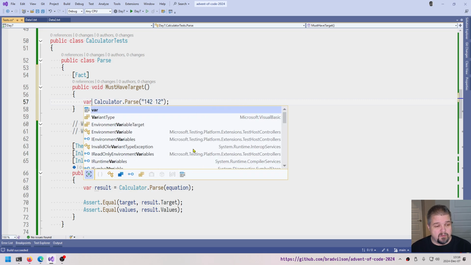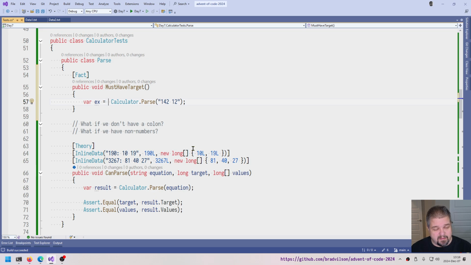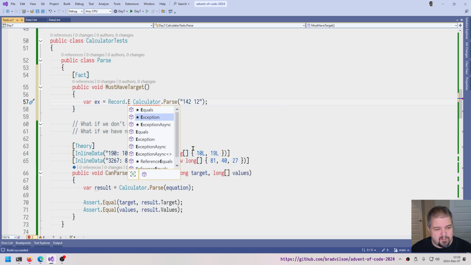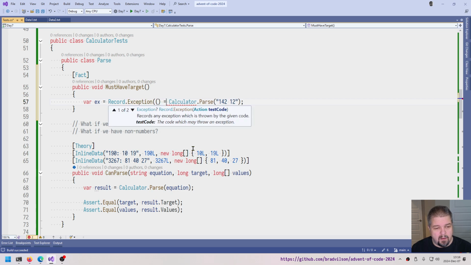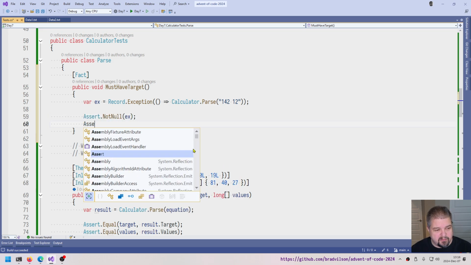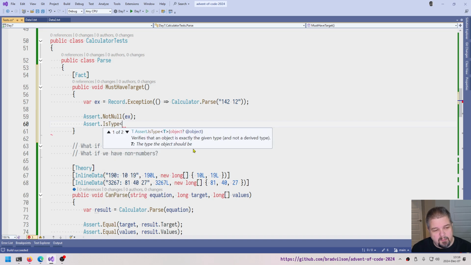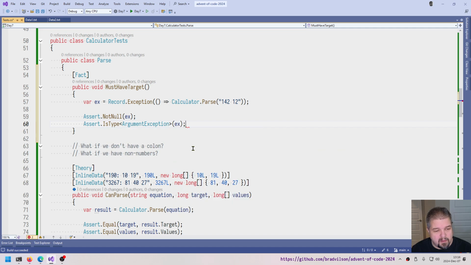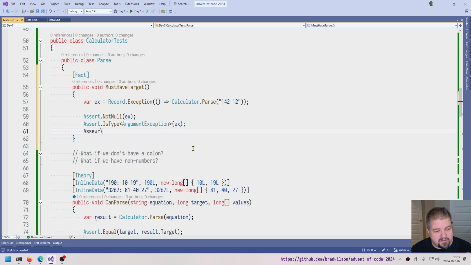So we'll do this. EX is record exception. Okay. Assert not null, this exception. Assert is type. We want to probably call this an argument exception. Right, and then we could say, you can get the casted value out of this.